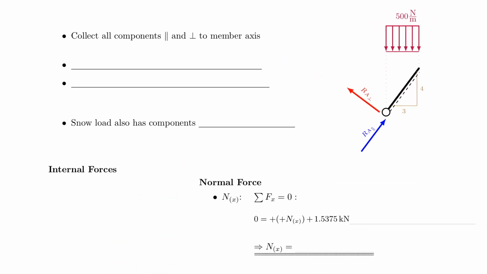So I collect all my components, and if I do that, then I will find that RAY, or I guess I should call it RA parallel, is actually equal to RAY parallel plus RAX parallel. And that happens to be 1.537.